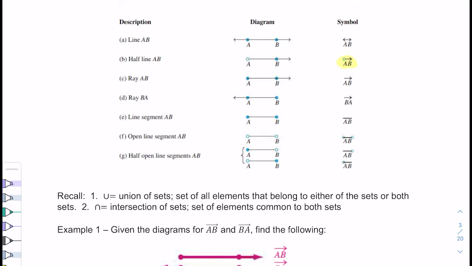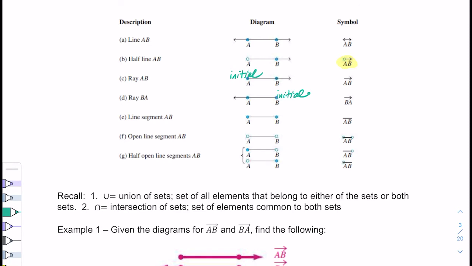In part C, you can see the ray has 2 closed circles, and that's known as ray AB. If you look at line D, that would be ray BA. Notice that the initial point now is B, as opposed to in the line C, the initial point was A.